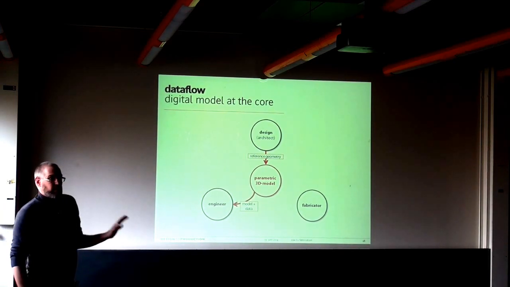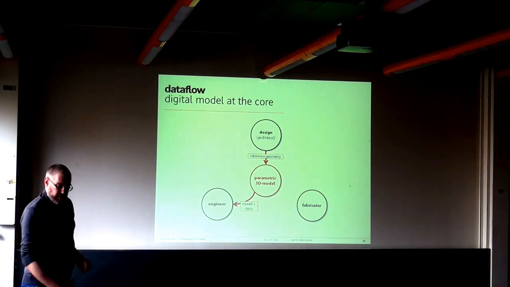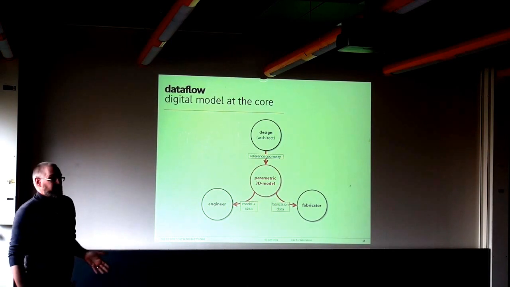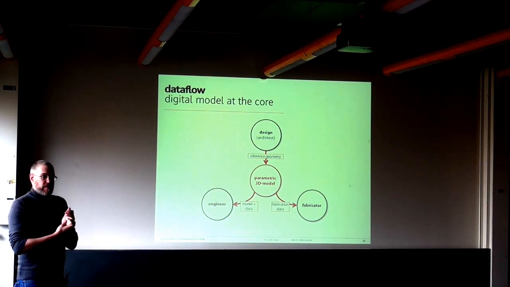We issue models and data to the engineer so that they can do their calculations. And in the end, we issue fabrication information that might be actual G-code driving the machine in some projects.